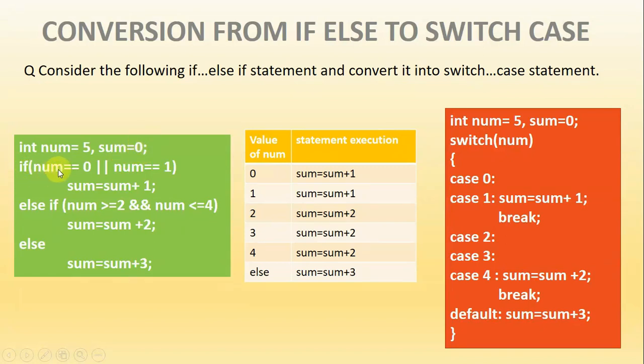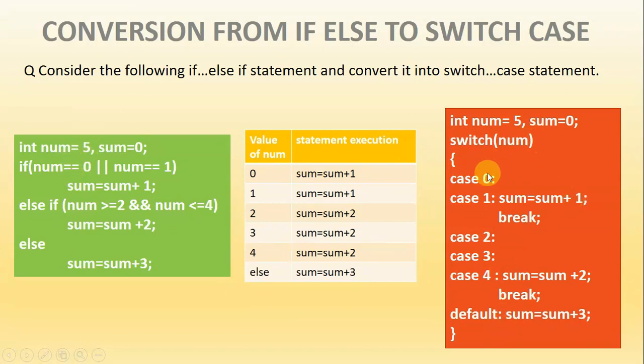If num equal to 0 or num equal to 1, sum = sum + 1. Else if num greater than or equal to 2 and num less than or equal to 4, sum = sum + 2. Else sum = sum + 3. So this is the if-else statement which we need to convert to switch case.